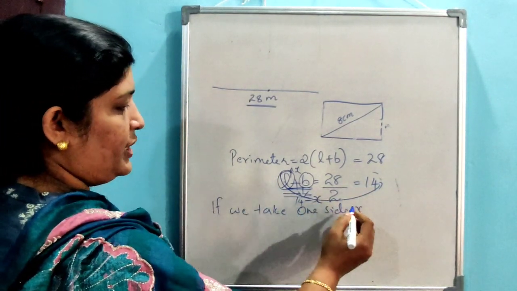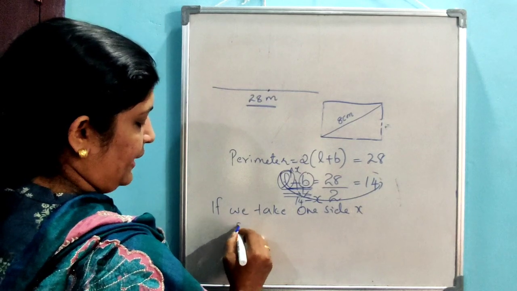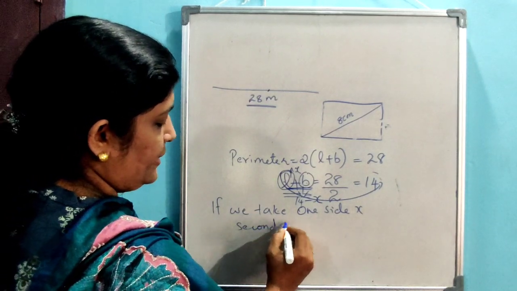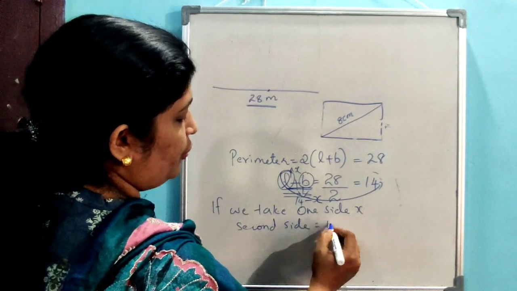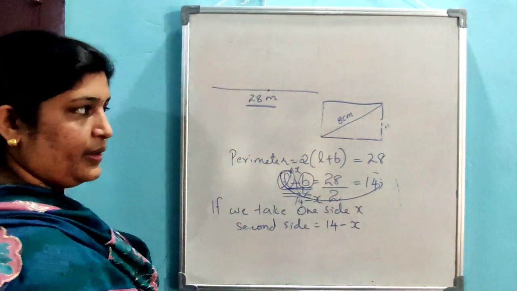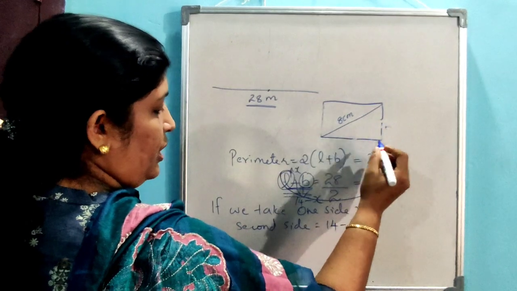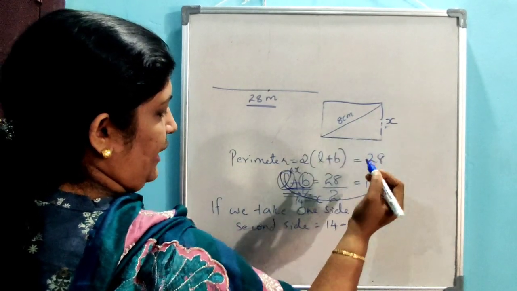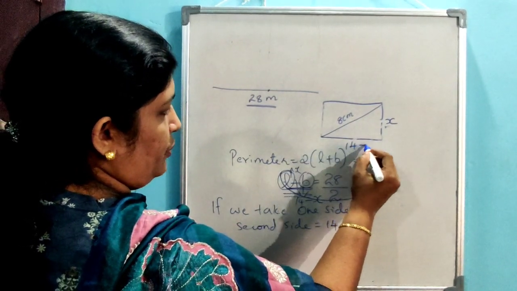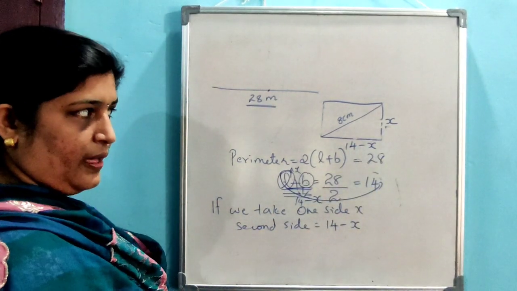So if we take one side as x, then the second side is 14 minus x.